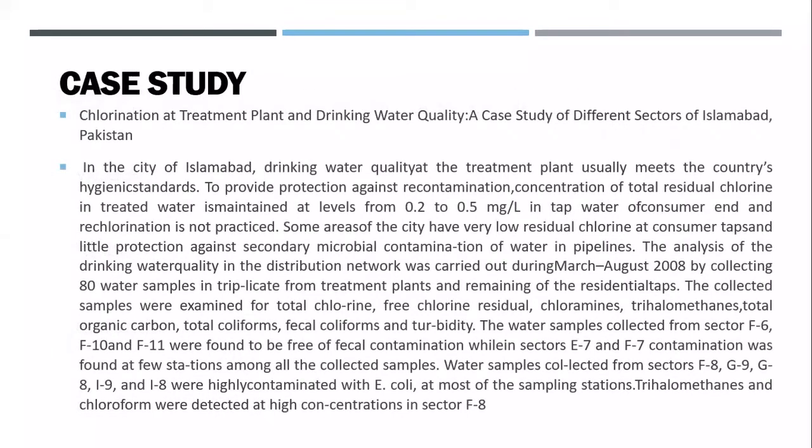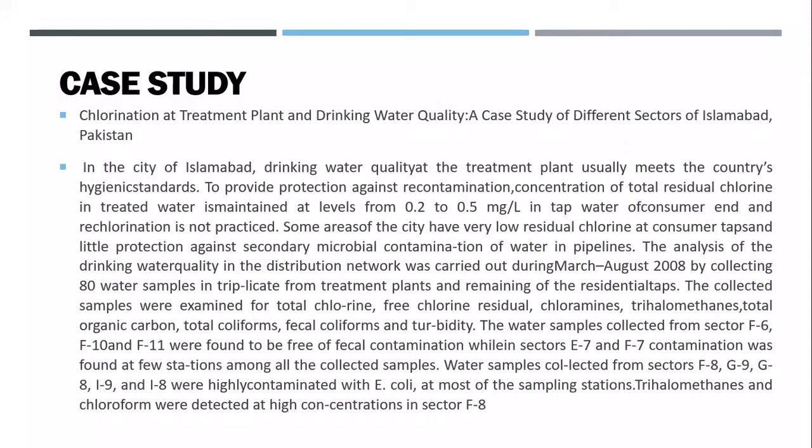This is a case study. The case study says chlorination at plant and drinking water quality: a case study of different sectors of Islamabad, Pakistan. In the city of Islamabad, the drinking water quality at the treatment plant usually meets the country's hygienic standards.